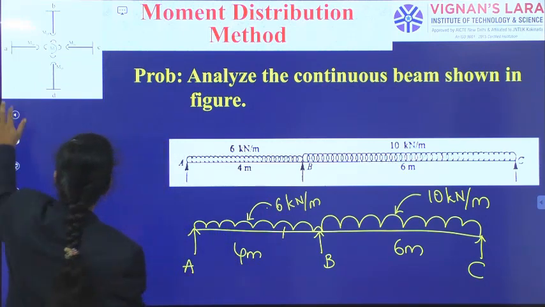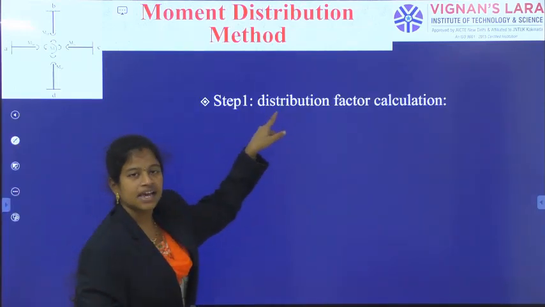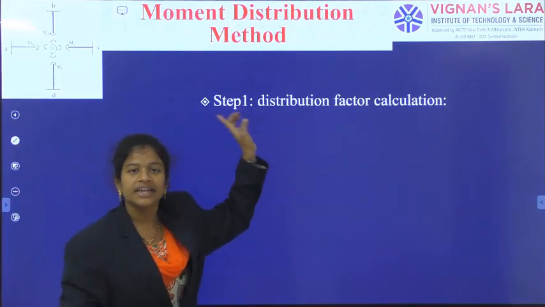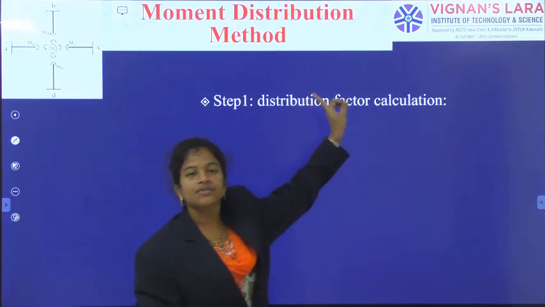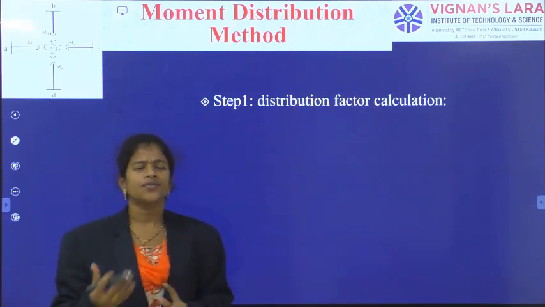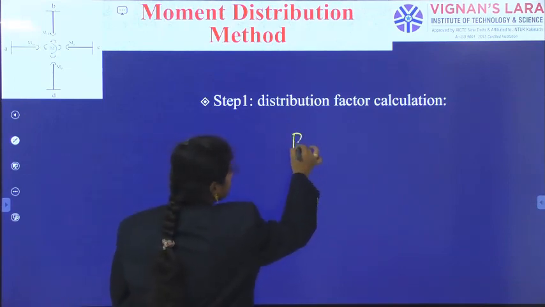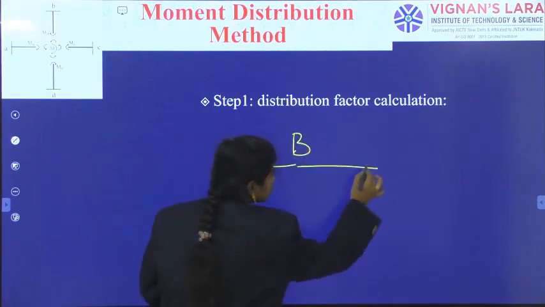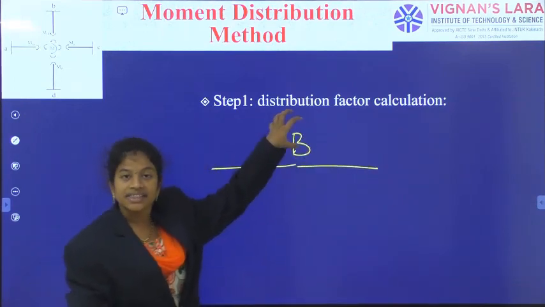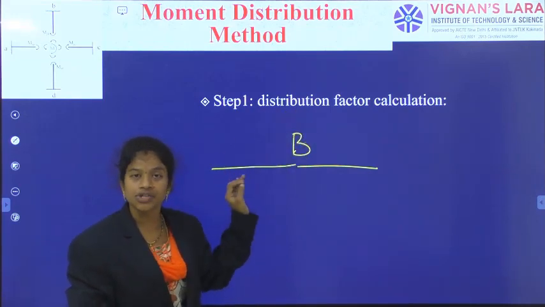So I am going into step 1. Step 1 is the distribution factor calculation. Where will the distribution factor come? At a joint having two-span continuation.